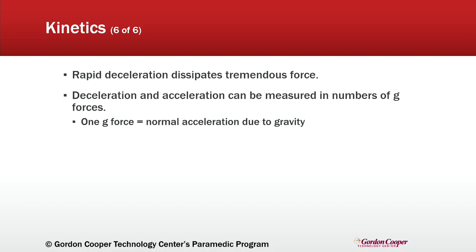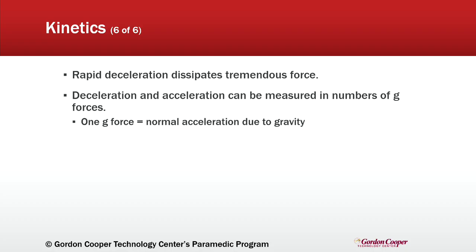Deceleration is going to occur when an object slows down rapidly, and it's going to produce a large amount of force. Acceleration and deceleration can be measured by g-forces, which we hear them talk about all the time, in the military planes, how much g-force is on a particular person, where 1 g equals the normal force of gravity.